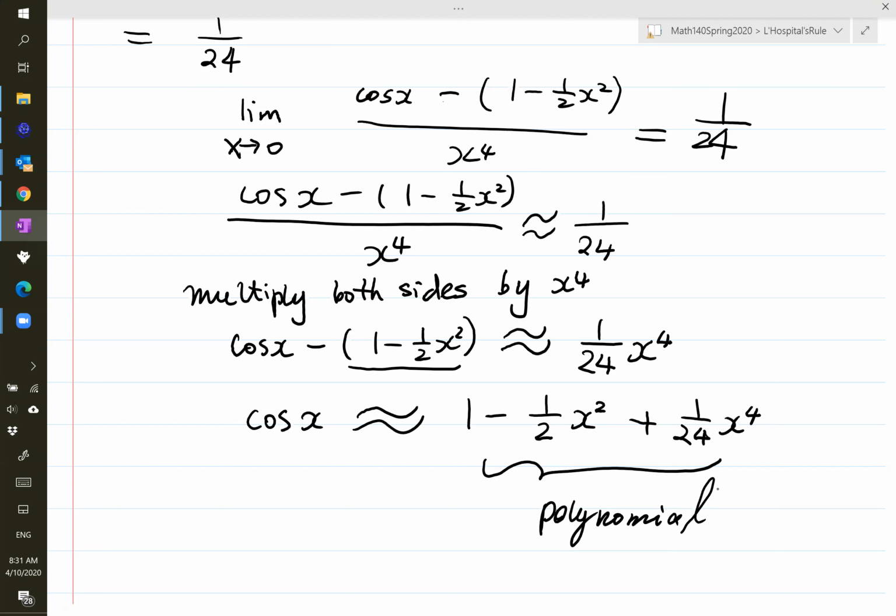So for instance, how do you compute cosine y by hand? It's very hard to compute cosine y by hand without a calculator. However, on the right side, if you compute by plugging x to be y, you get a reasonable approximation.